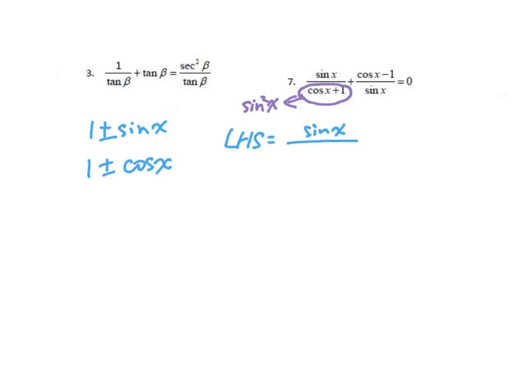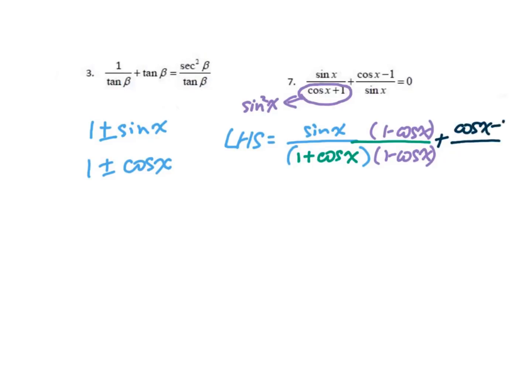Therefore, I change into 1 plus cosine x. Then we need to do conjugate multiply for this one. 1 minus cosine x and 1 minus cosine x. I bring down this cosine x minus 1 over sine x.